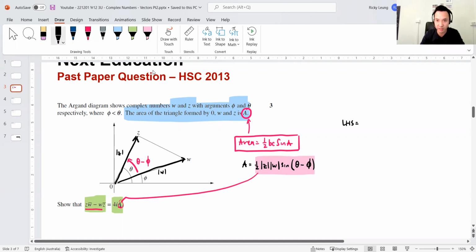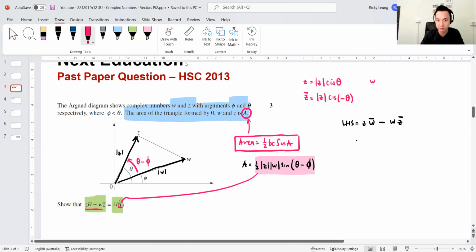So the left-hand side equals Z conjugate of W minus W conjugate of Z. Now, let's get my tools here. What do I know in terms of mod-arg? Let's list out my facts. I know that Z has a modulus of Z and an argument of theta, which makes its conjugate have the same modulus, but it's going to be cis minus theta.